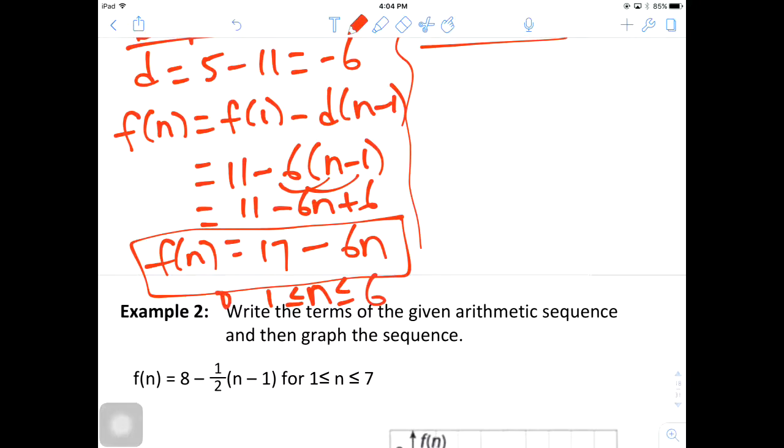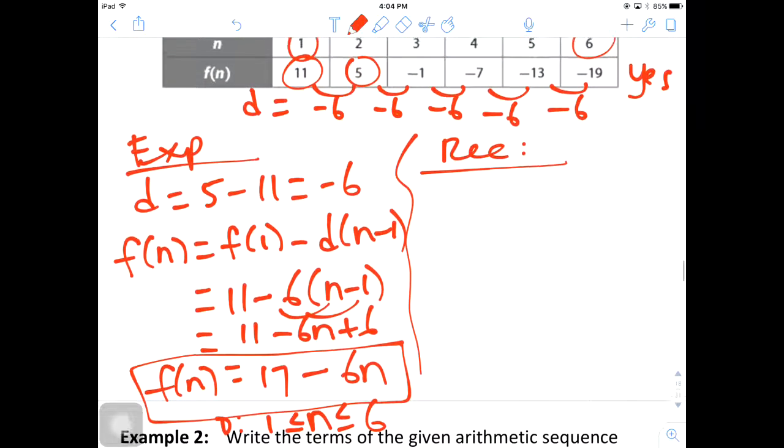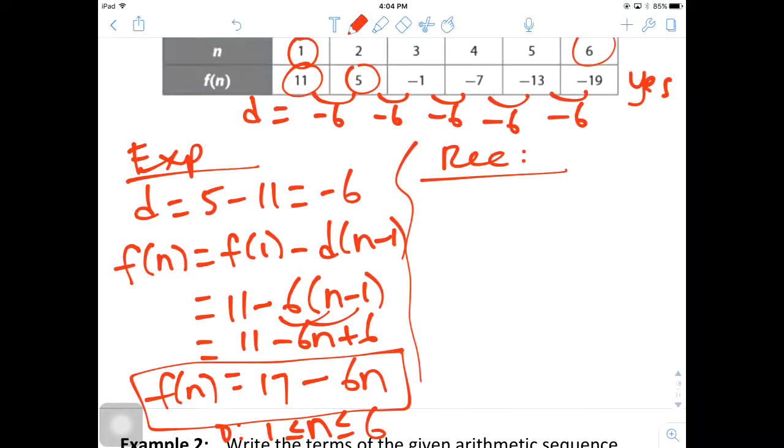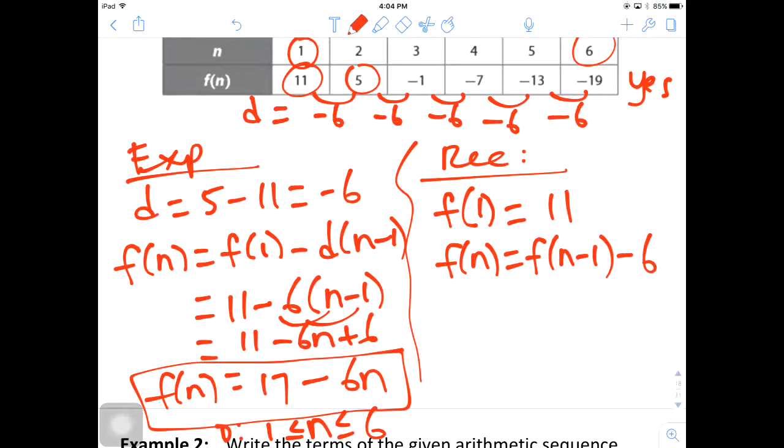That's the domain, okay? And then for the recursive rule, this is the easy one. We're going to just say f of 1 is equal to 11. That's the first term. To get the next term, f of n, it's going to be the previous term minus 6, right? Because we are subtracting 6 every time to get to the next term.